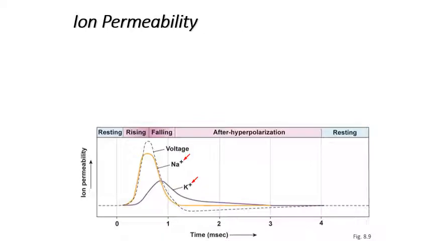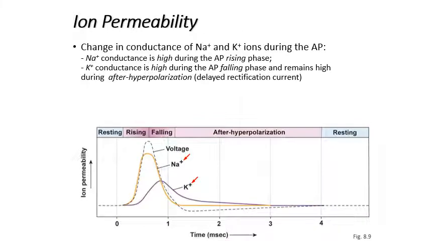So this one just gives you another look at what's happening. Here the dotted line is the change in membrane potential, but you can see what's happening with the sodium. We have sodium rushing in, that's causing that rising phase, and then you can see sodium permeability. This is the conductance. Sodium's moving in, it gets stopped.